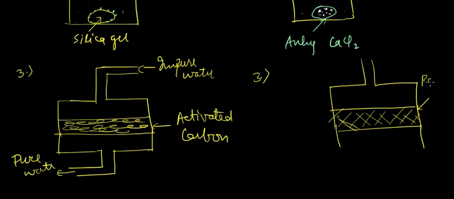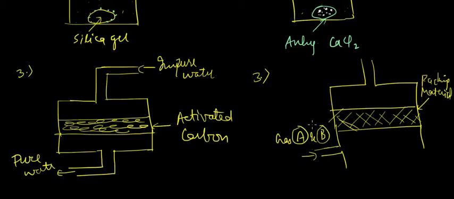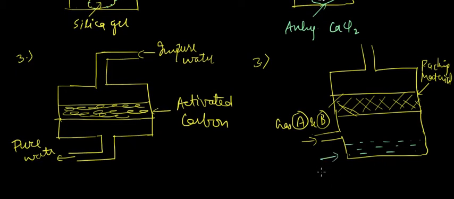This is packing material, and in this vessel we are passing gaseous mixture of A and B. After this gas passes through this packing material, we get the solution of gas A at the bottom, and gas B can be collected from this nozzle.